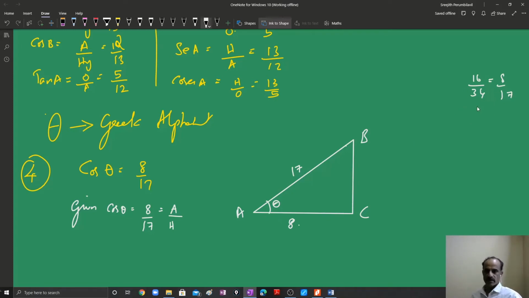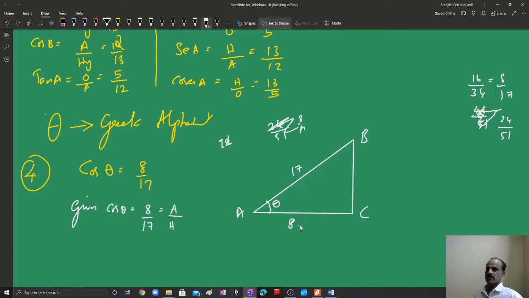Or if it is 24 by 51, then also you will get 8 by 17. So it's not necessary that the measurements are 8 and 17. We can take it as 8 and we can take it as 17.